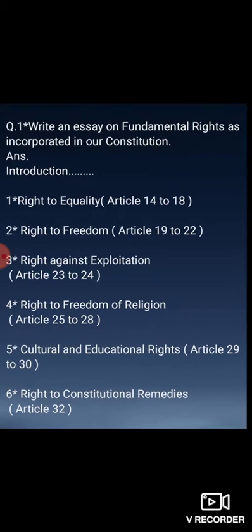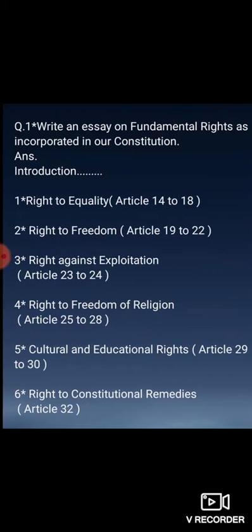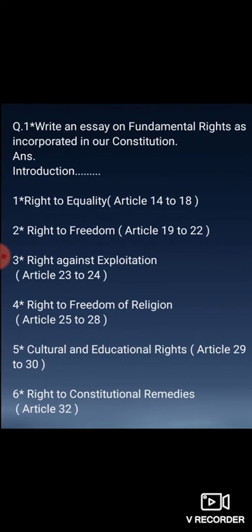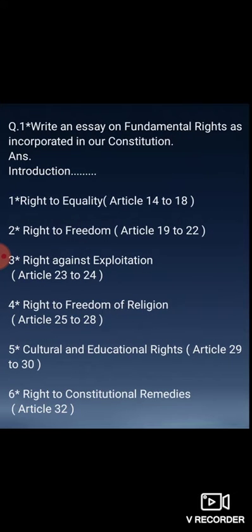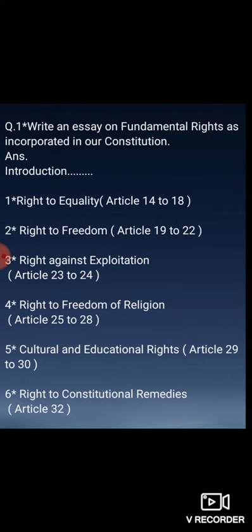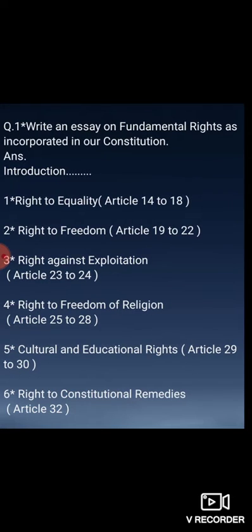Article 25 provides that subject to public order, morality, and health, all persons are equally entitled to freedom of conscience and the right to profess, practice, and propagate any religion of their choice. Article 28 prohibits imparting of religious instruction in any educational institution wholly maintained out of state funds.